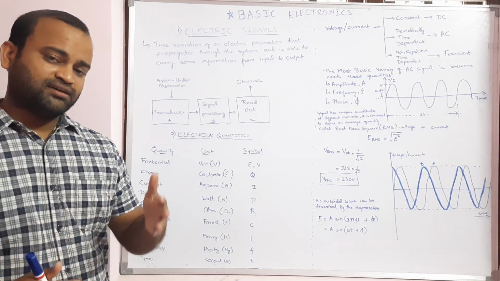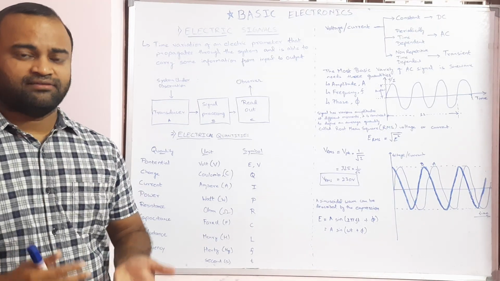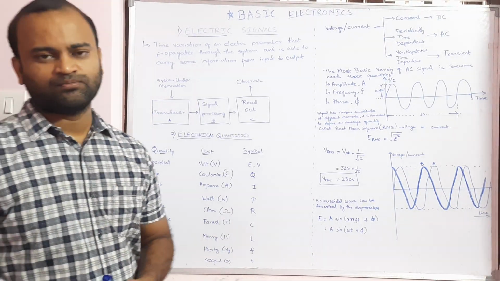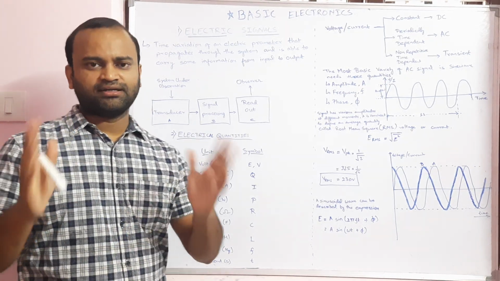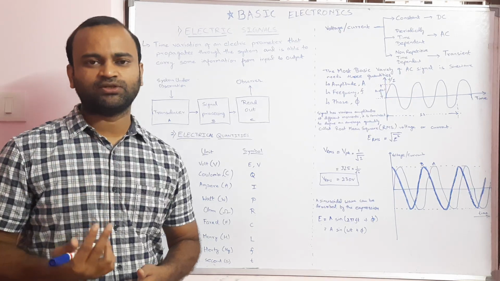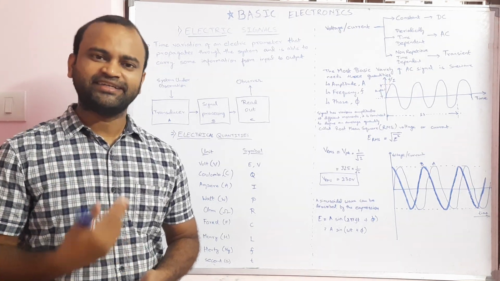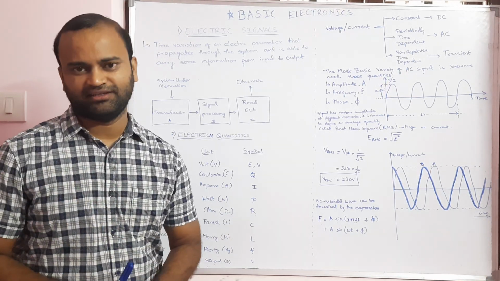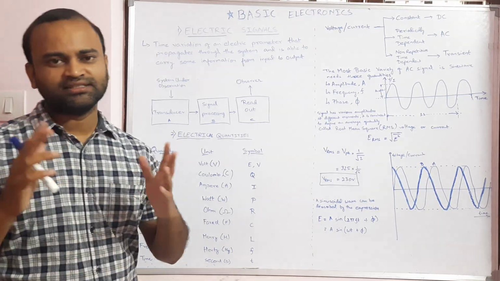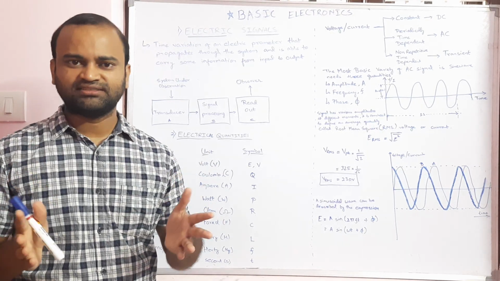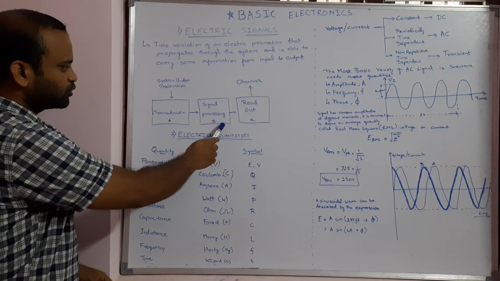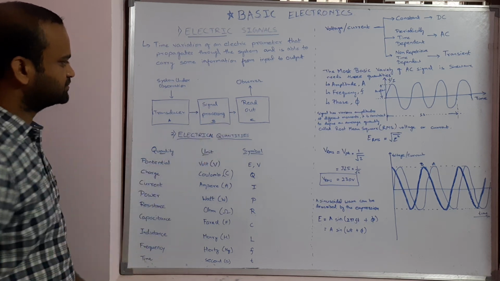In more generic terms, let me explain that. For example, we have an application where our product needs to read the temperature of the environment and display it on an LCD screen. It's a very simple project, and it will consist of a transducer, a signal processing section, and a readout.